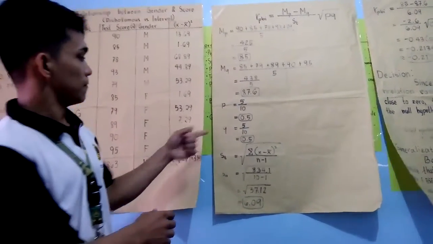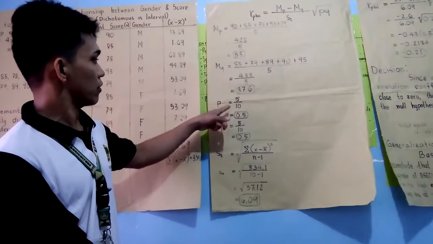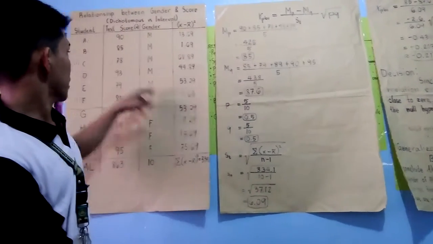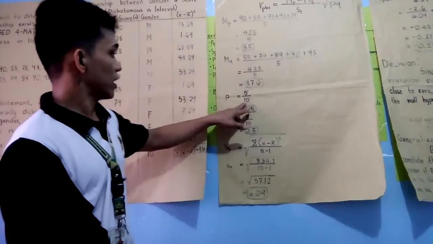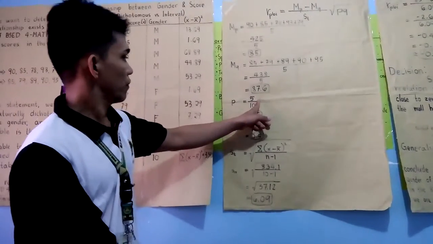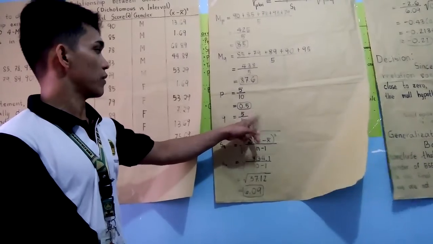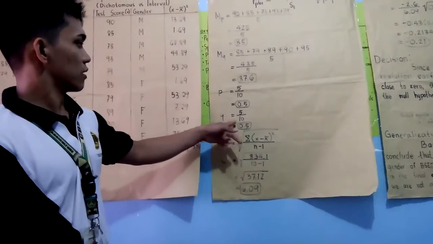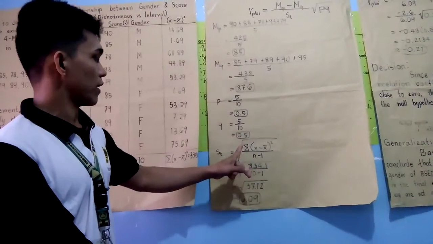To get the proportion of cases, we count the number of males, which is 5, divided by the total number of respondents. We have 5 males divided by 10, which is equal to 0.5 or 1/2. The same for the female group, 5 over 10 is equal to 0.5.